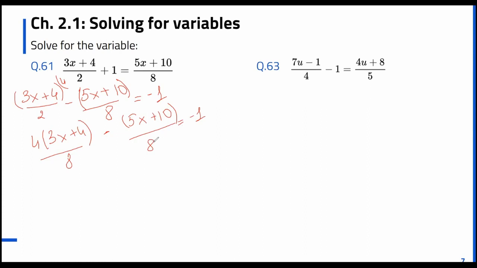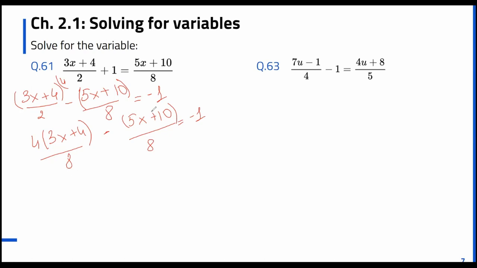If you have numbers in the denominator and no variables, you can get rid of it by multiplying the whole equation by 8, if you are comfortable with it, so as not to have these layers of numbers. We can do it like this.